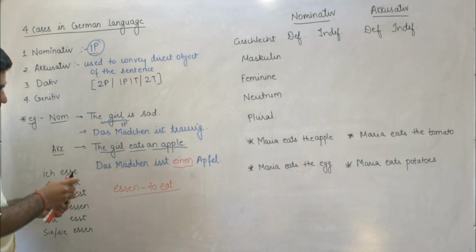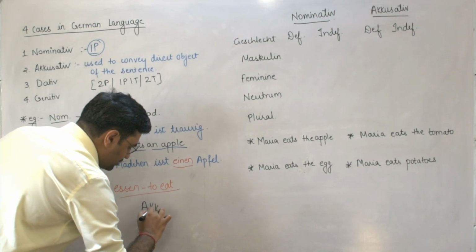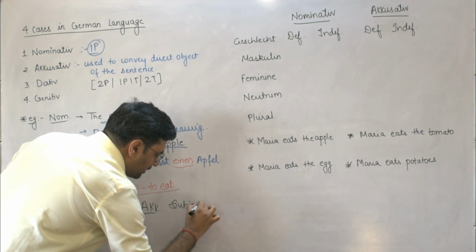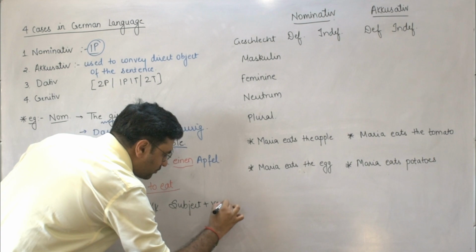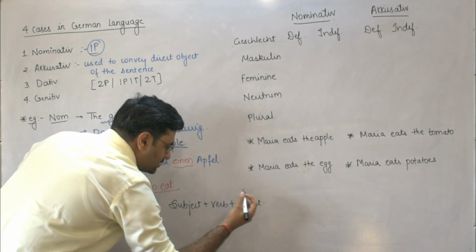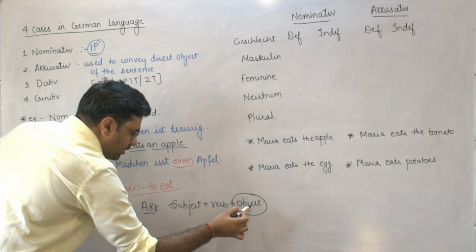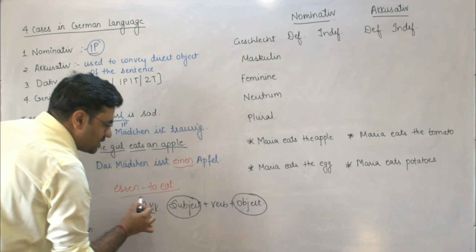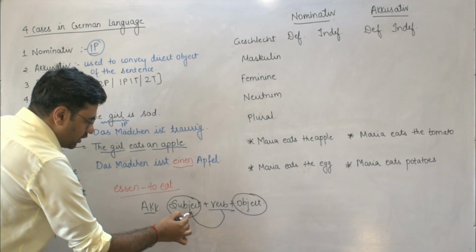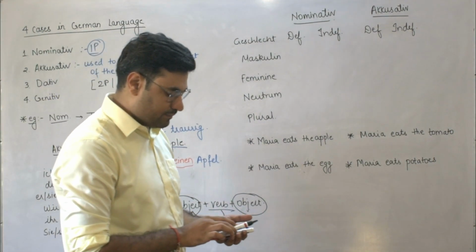When we have the accusative case, we have a subject, then a verb, and then an object. This is a direct object. The object is getting influenced by the action done by the subject, and the verb is getting conjugated according to the subject. So this is the formation of the sentence in the accusative case.